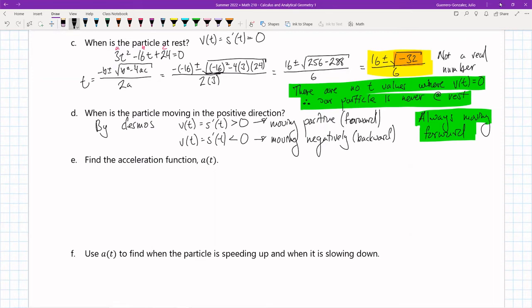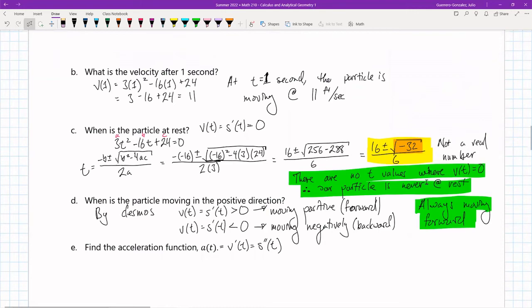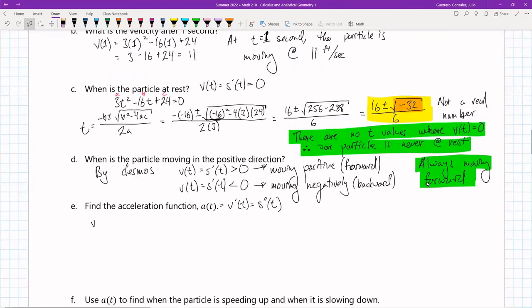From up above, acceleration is the derivative of the velocity, or the second derivative of the position. Thankfully, we have the velocity already. Our velocity function is given by part A. Let me scroll up.